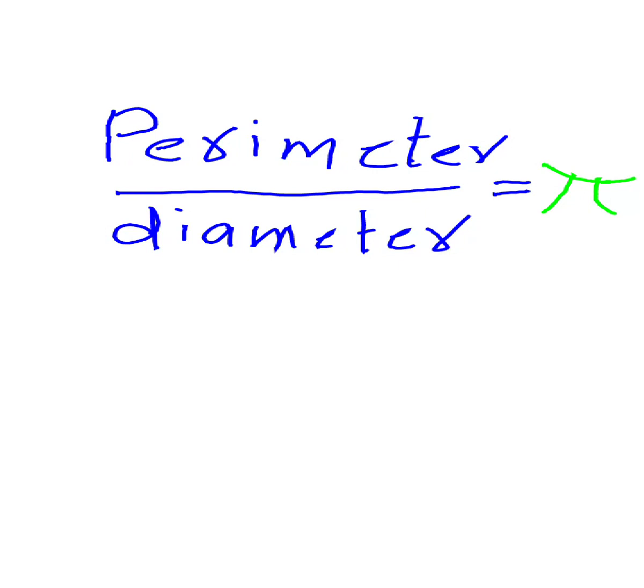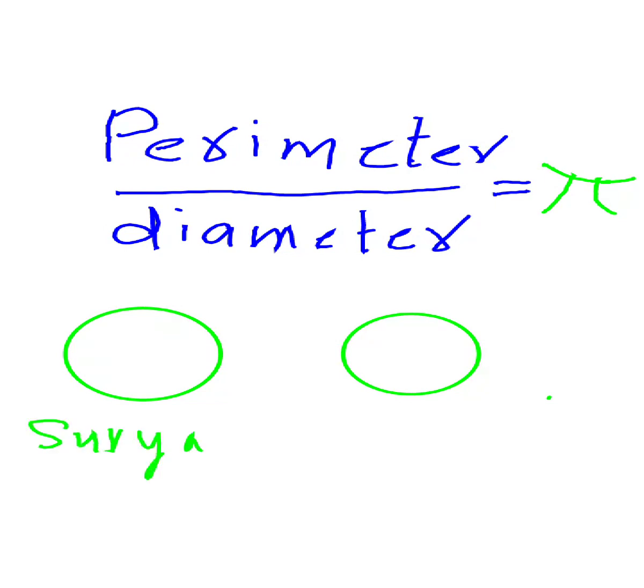Now suppose I take this, suppose this is the first one, let us take Suryadev, the sun, as you are perceiving it from here.